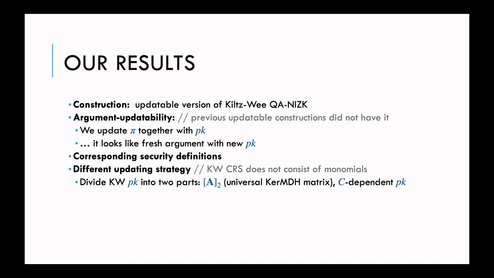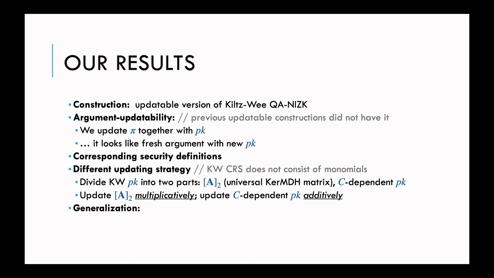On top of it, you have a circuit-dependent public key. The matrix A is updated multiplicatively, by multiplying it by the delta matrix. So it is matrix multiplication updating, which can also have additions, of course. But the circuit-dependent public key is just updated additively.